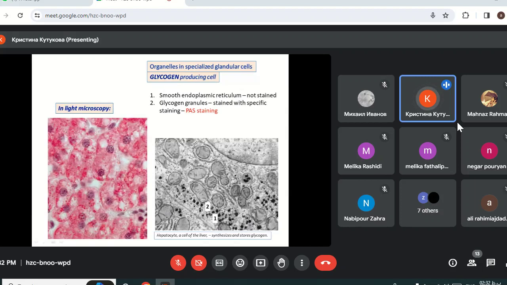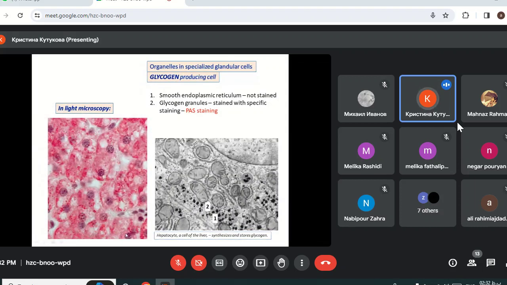In light microscopy, in our general hematoxylin and eosin staining, the glycogen is not seen because it is not stained as the smooth endoplasmic reticulum is. But if we use specific staining, which is called PAS staining or PAS reaction, which is used in hospitals usually, we will see the glycogen granules which are red in color in this specific staining.